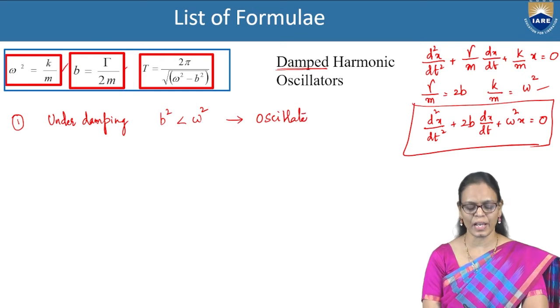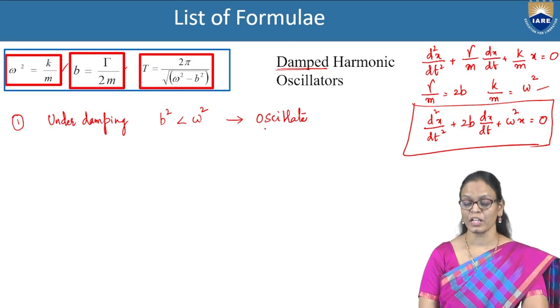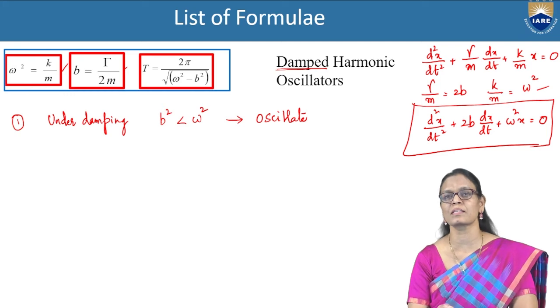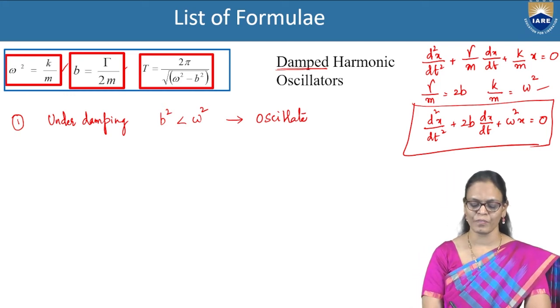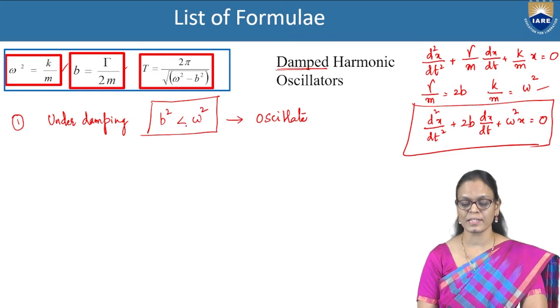So only in case of under damping, there will be oscillations. So the system will be oscillatory. To check whether the system is oscillatory or not, we need to check this condition: b square, whether it is less than or greater than or equal to omega square.